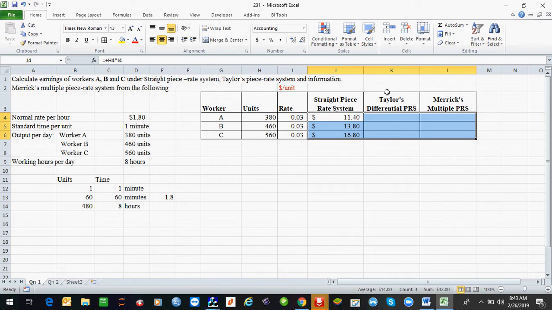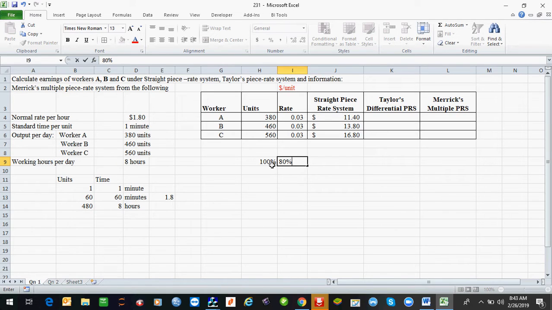Then we have Taylor's differential piece rate system. On Taylor's differential, we have these assumptions: any production less than 100%, we pay at 80%. Production less than 100% means production less than the normal.